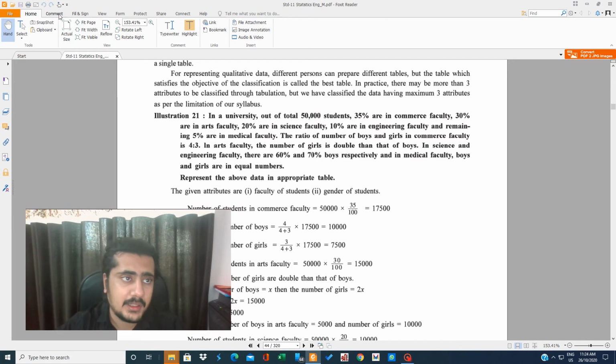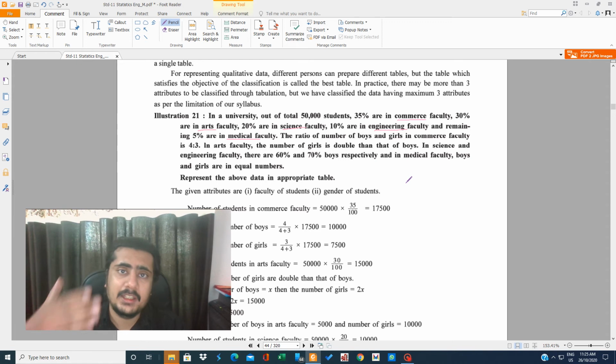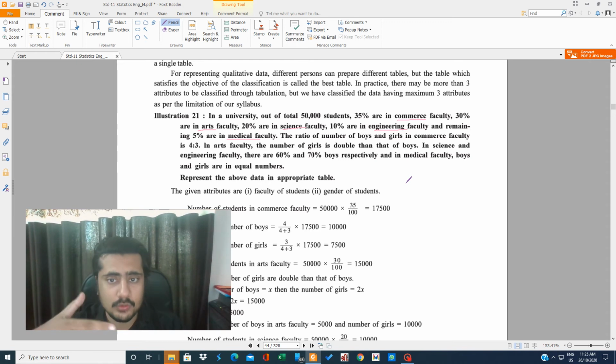Before preparing a table, you should know what actually the things are in the question. So in the question, it is about the students. Now there are commerce faculty, arts faculty, science faculty, engineering faculty, and medical faculty. So you can see there are five faculties, so these five rows should be made.